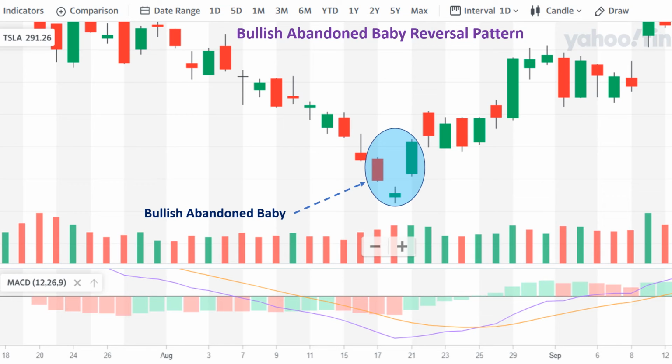This shift was further supported by the MACD indicator, where the MACD line, the blue line, crosses the orange line, the signal line, while going upward. It's showing a shift in direction from downtrend to uptrend.